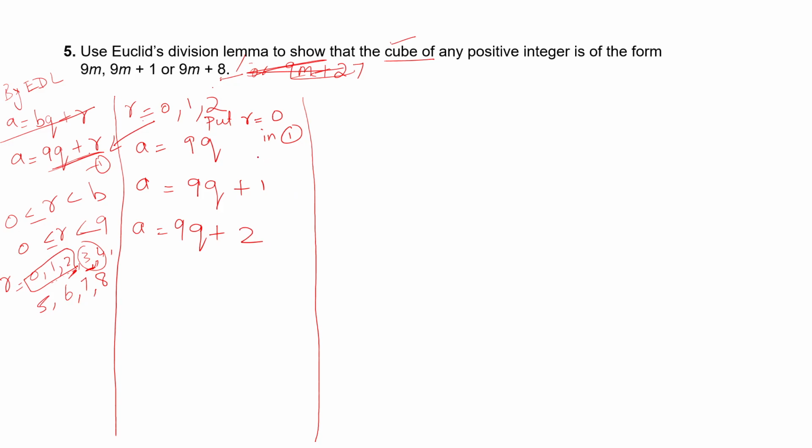Done? Yes. Keep it as second equation, third equation, and fourth equation. First equation we have taken as Euclid's division lemma with 9 as b. In that we have put r 0, 1, 2. 0 means 9q, 1 means 9q plus 1, and 2 means 9q plus 2.